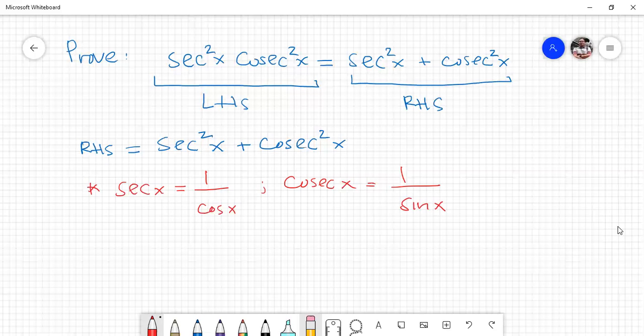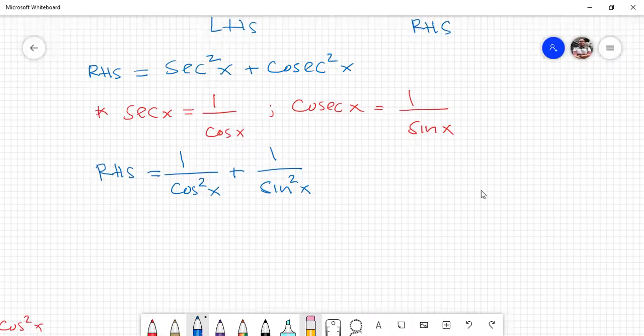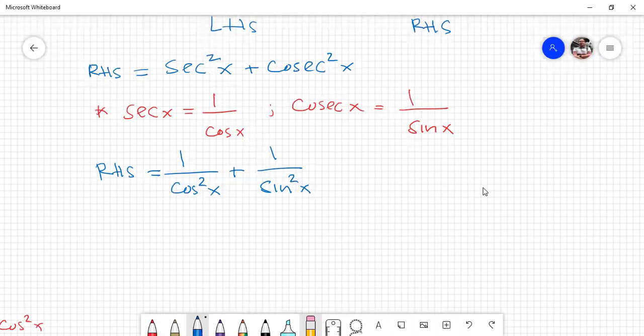So the next step, I write this using 1 over cosine, and because we have squares here, 1 over cosine square x plus 1 over sine square x.